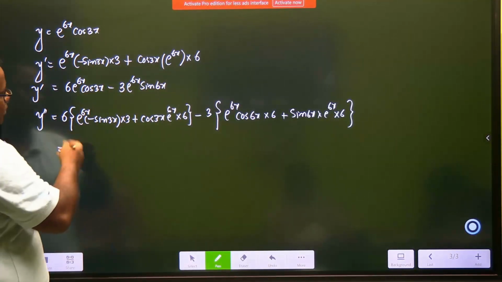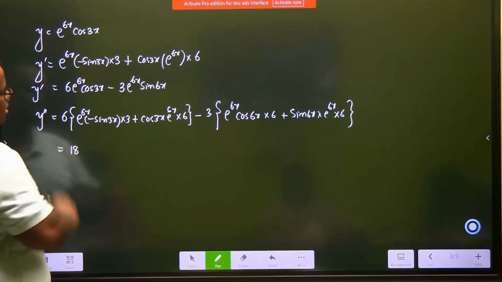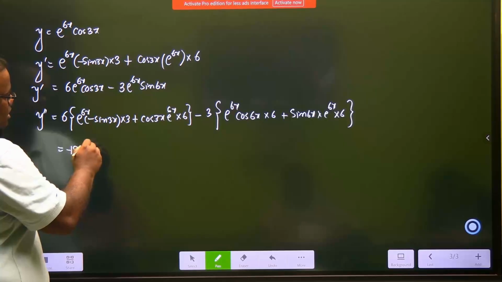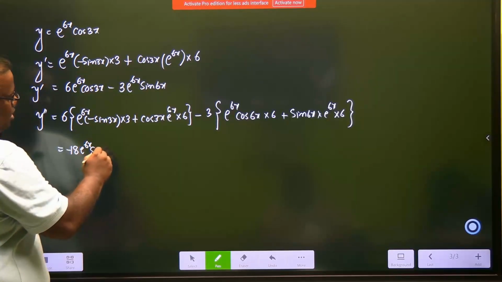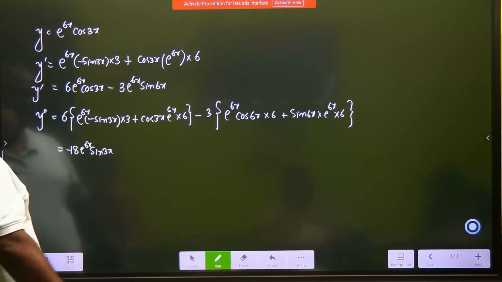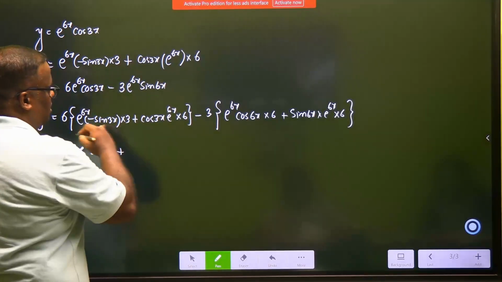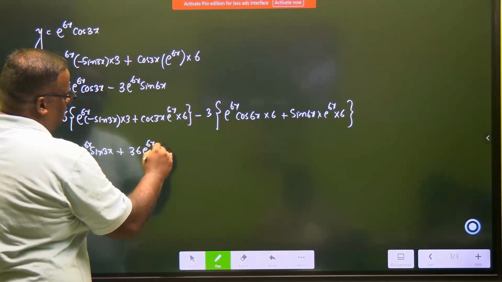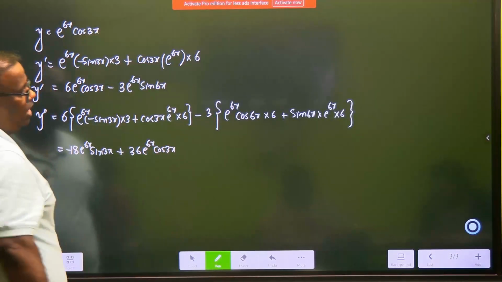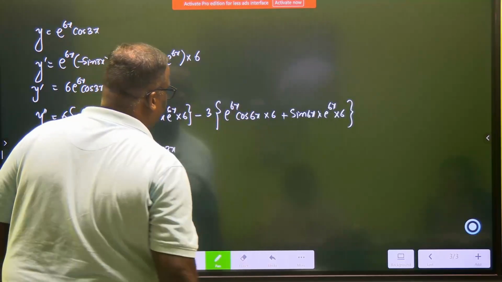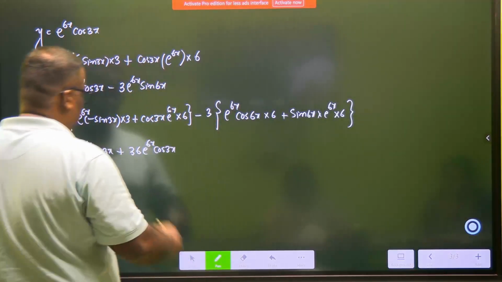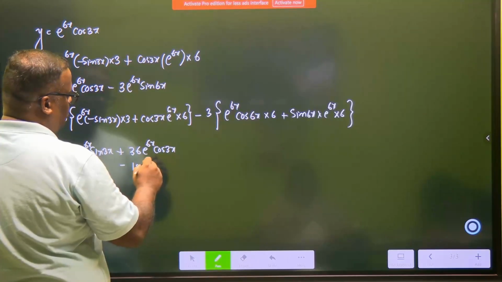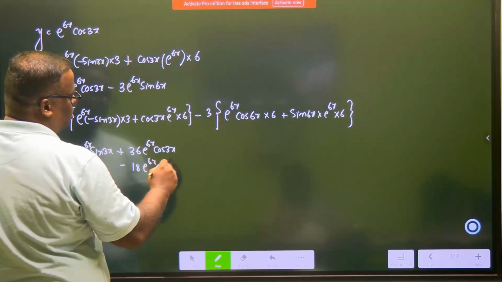Which gives me, now let's multiply everything. 6 into 3 is 18, so a negative 18 e to the power 6x sine 3x plus 6 into 6 is 36 e to the power 6x cos 3x. Then I have 6 into 3 is 18, so I have a negative 18 e to the power 6x cos 3x.